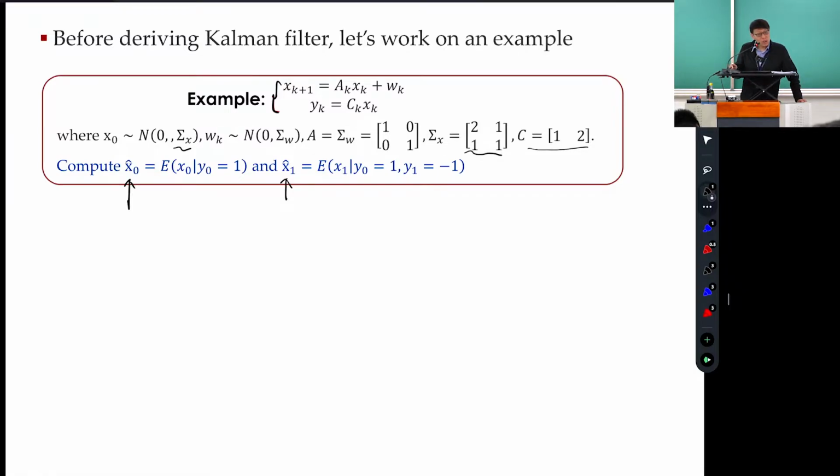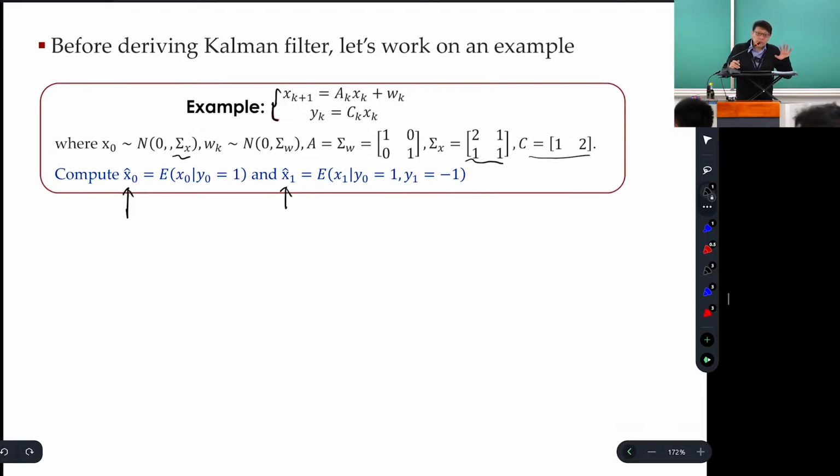So these are already the Kalman filter. Although it looks like another probability exercise, it's indeed the Kalman filter. It's a little different from the previous example because I'm gradually adding more elements to let you see the flavor of the proof.